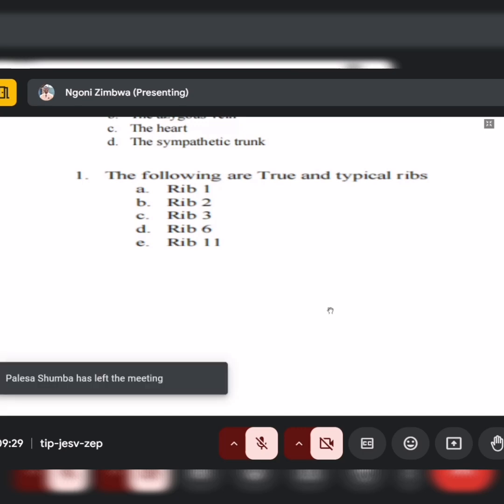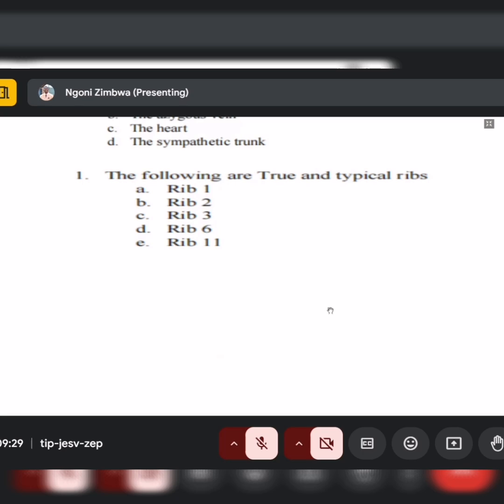So let's go. Rib number 1. That is false. Though it is a true rib, it's not a typical rib. Rib number 2. False. Though it is a true rib, it is not a typical rib. Rib number 3. True. It is both a typical rib and a true rib. Rib number 6.